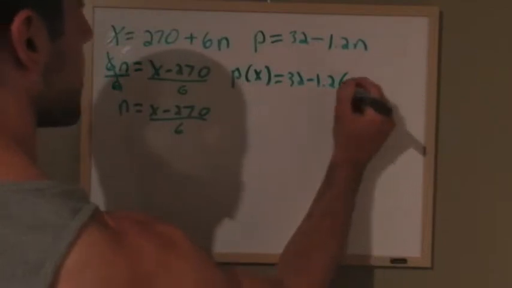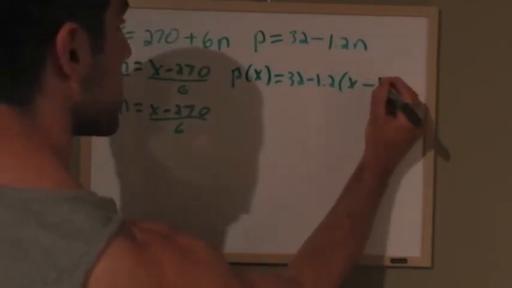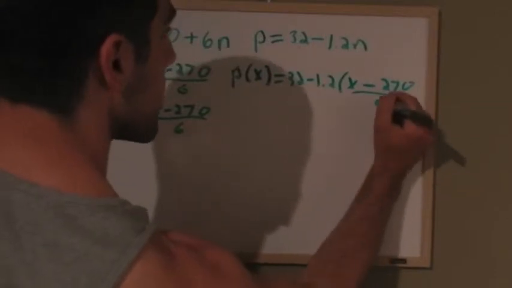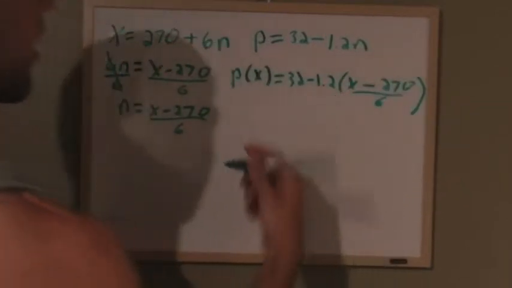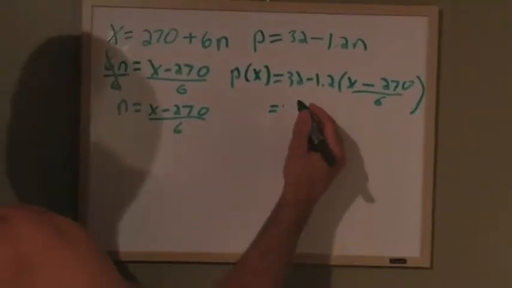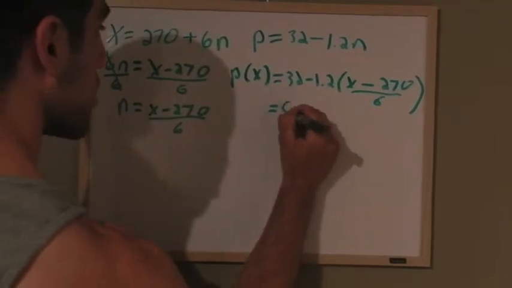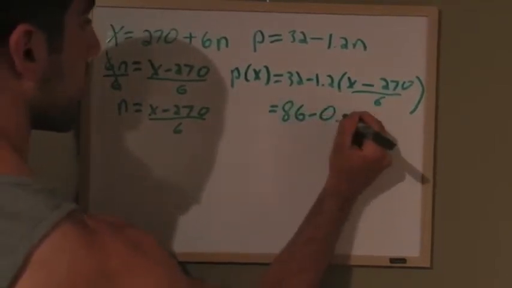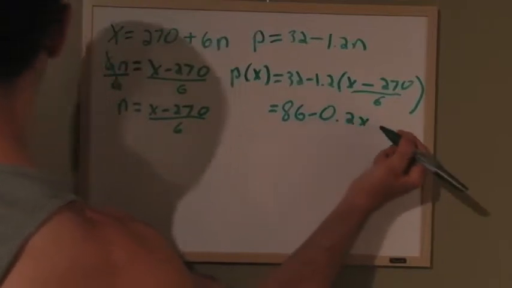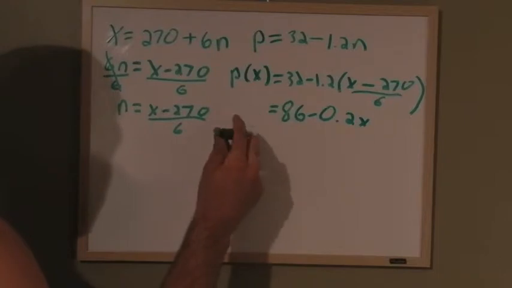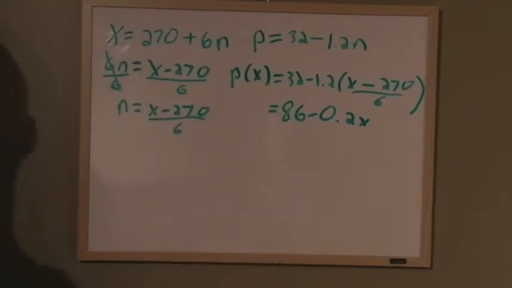This is where we put in our N, X minus 270 all over 6. Then we simplify P of X, which equals 86 minus 0.2x. And that is our price demand function.